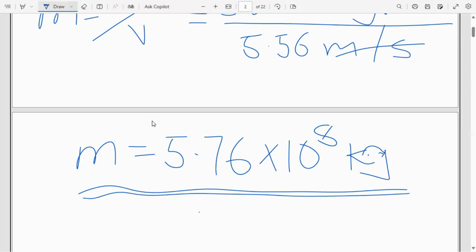So that is going to be the mass of our ship. Okay, so let's move on to question B.